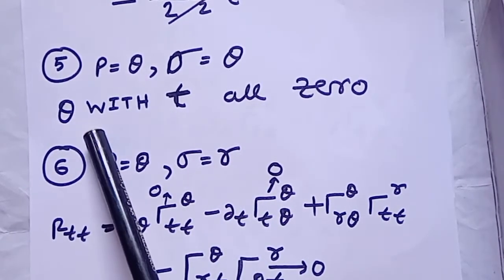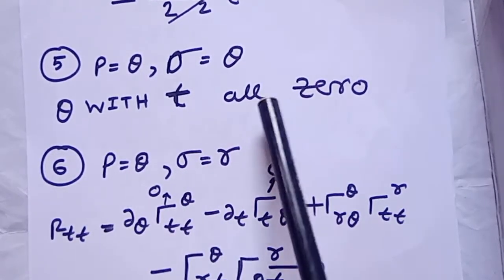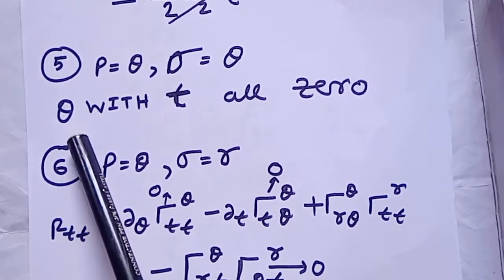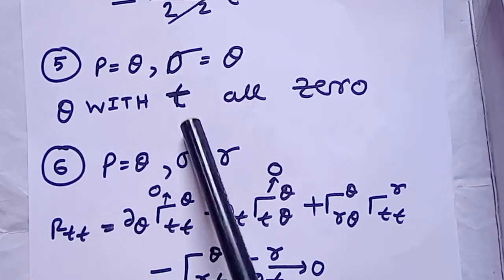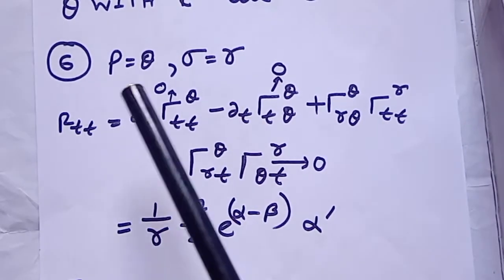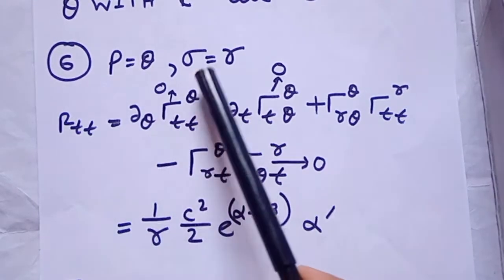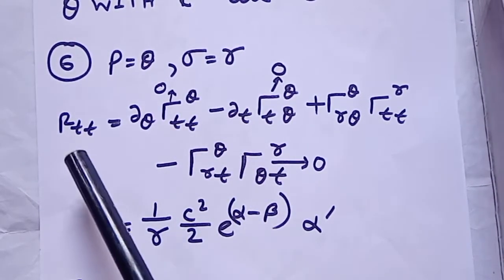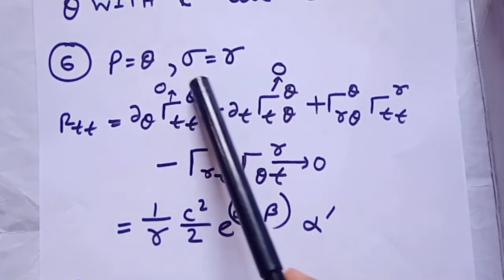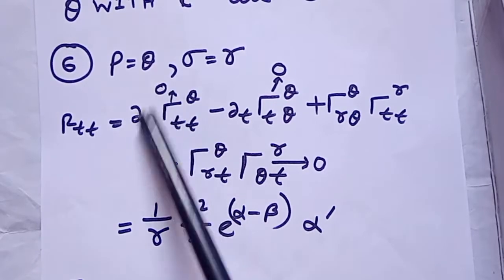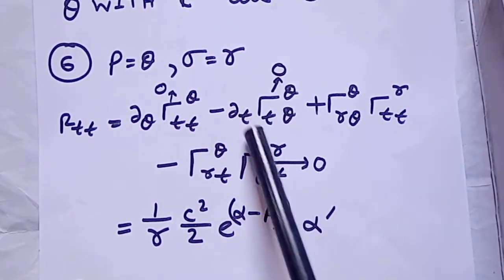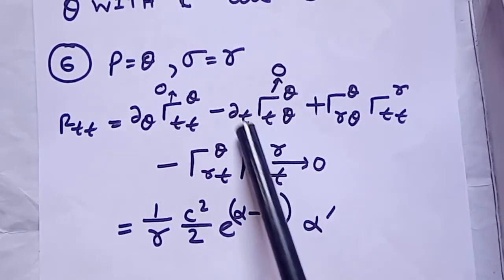Now theta with t, all components of the Christoffel symbol should be 0. There are no other Christoffel symbols with the combination of theta and t, so this should be 0. Now another combination is rho equal to theta and sigma equal to r. Now we have del_theta Gamma^theta_tt, this combination with theta tt should be 0, and del_t Gamma^theta_tr, the theta t combination of the Christoffel symbol, should be 0.